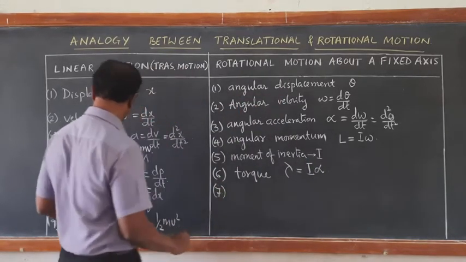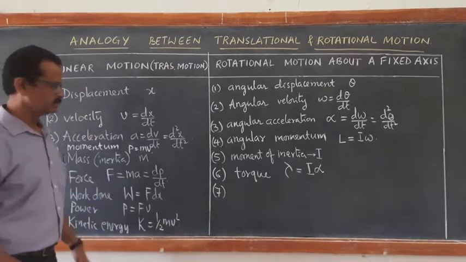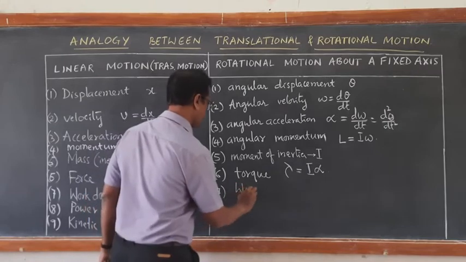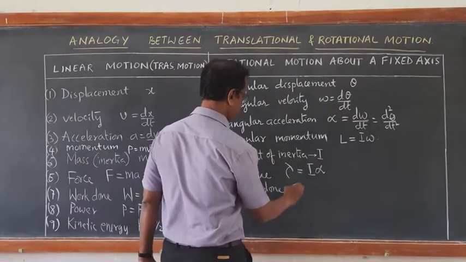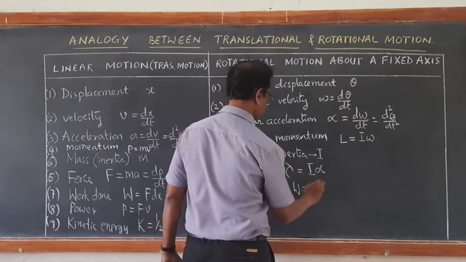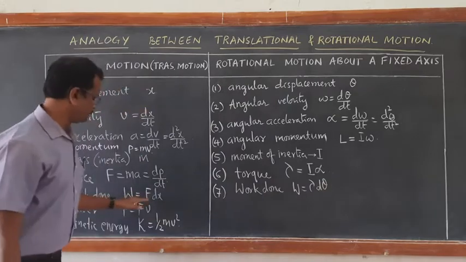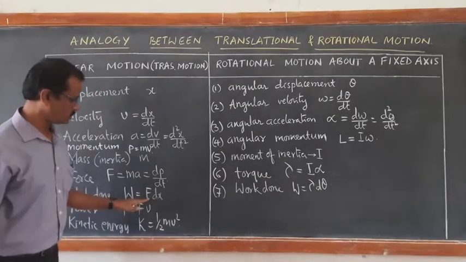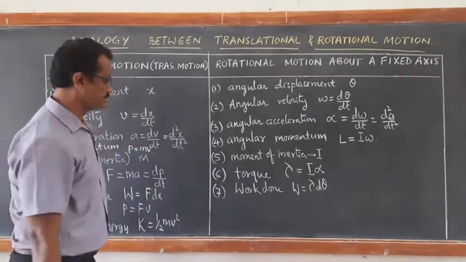Seventh one, work done. Here it is work done for linear motion, and here it is work done for rotational motion. Work done in rotational motion is given by W is equal to tau d theta. F is replaced by torque tau, and dx is replaced by the small angular displacement d theta.